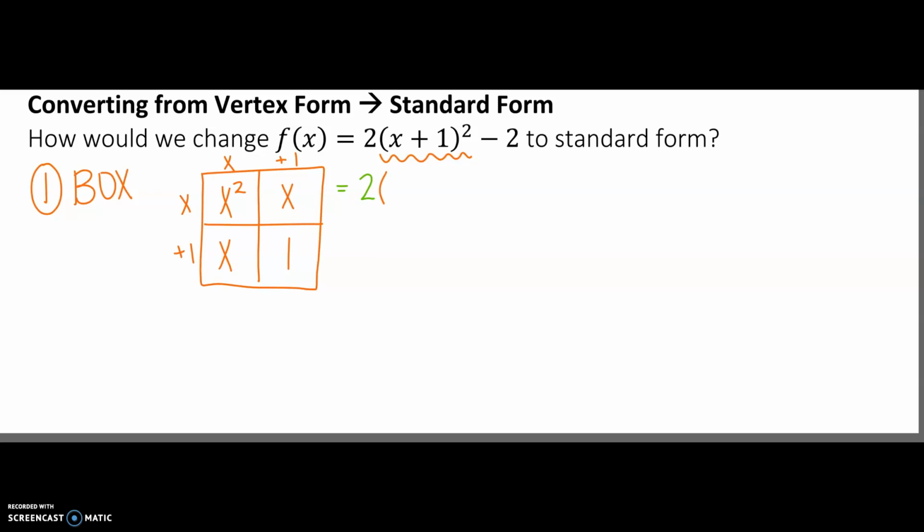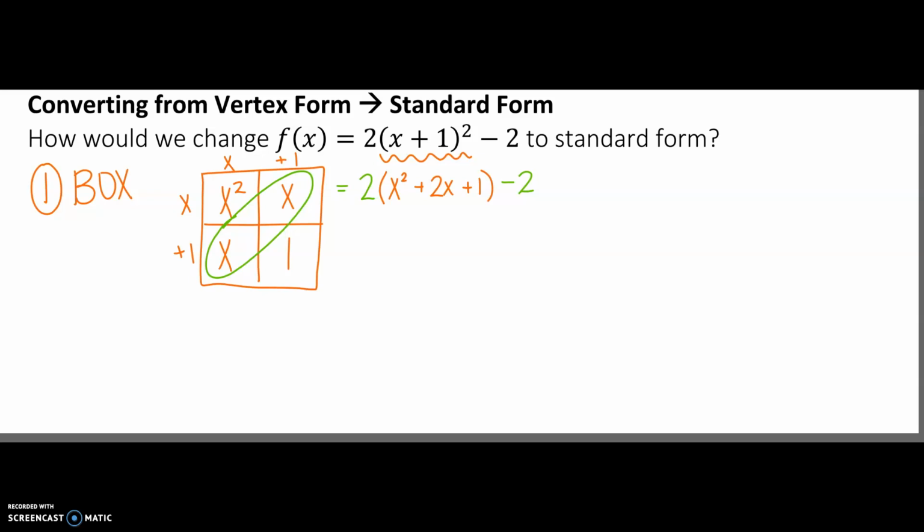So in place of my x plus 1 squared, I'm going to have x squared plus 2x plus 1, and then I didn't touch that negative 2, so it's just going to come on down. You might be wondering where I got the 2x from. Well, when I combine all the terms of my box, my x and x combine together with addition to give me 2x.